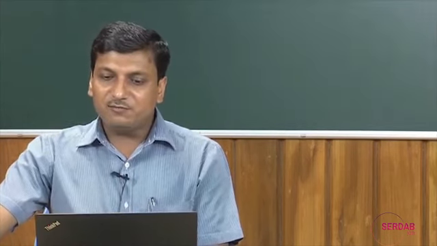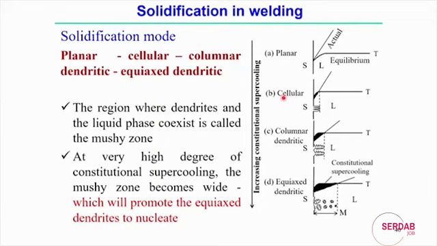Next, if there is a certain increment of the constitutional supercooling, then it crosses the slope, and there is a shaded zone marked in black, and that produces the cellular kind of solidification mode. Cellular mode, in this case, means there is a small amount of constitutional supercooling.